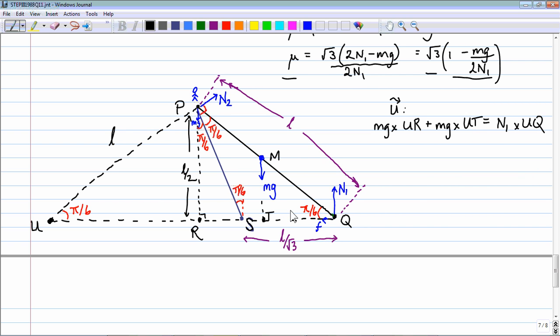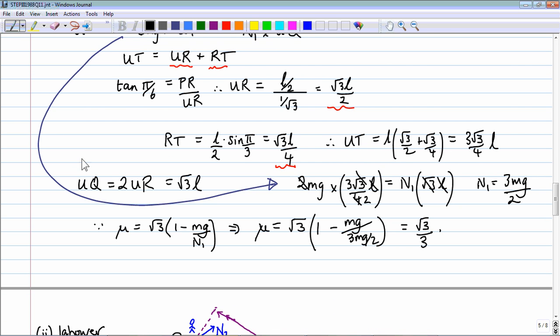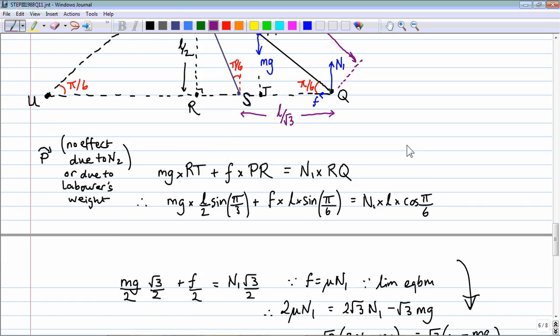Okay, so on the left hand side we have UR and UT, and we already calculated these. UR is root 3L over 2, and UT, let me use another colour to show this. So UR is this, and UT is this.